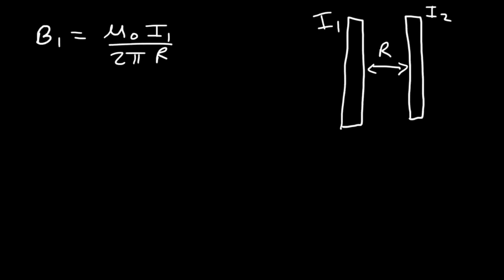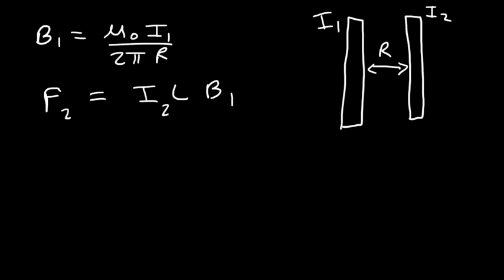Now, we need to use the other equation, that is the force that acts on a current carrying wire. That's F is equal to I L B sine theta. But we're not going to be worried about the angle in this problem. So the force on wire 2, which we'll call F2, is equal to the current on that wire times the length times the magnetic field created by wire 1.